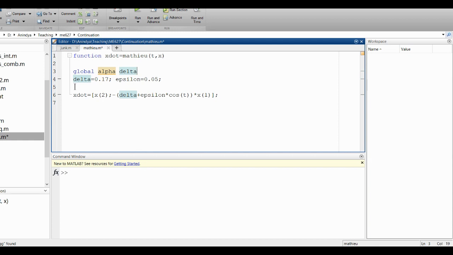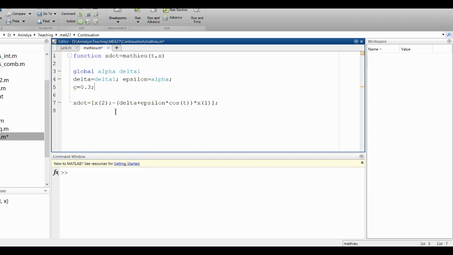Then I will say delta 1, and then delta equals delta 1 and epsilon equals alpha. And now I have my Mathieu equation, except there is a damping which I have to specify, of course. So I'll specify the damping here. Let us say the damping is 0.3. Okay, so that's the damping, 2c, so 2 times c.